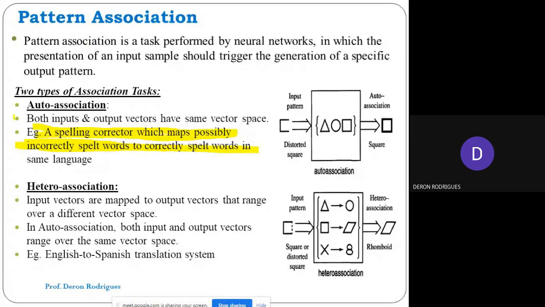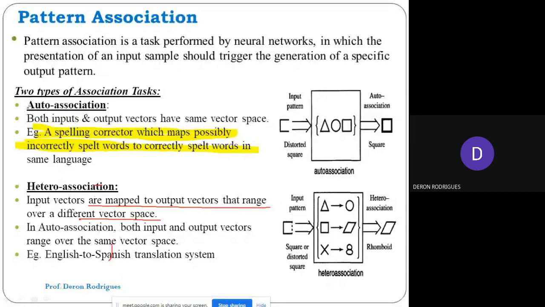Fine. Then we move to the hetero association task. In the hetero association task, there will be two different vector spaces. The input vectors are mapped to output vectors that range over a different vector space.